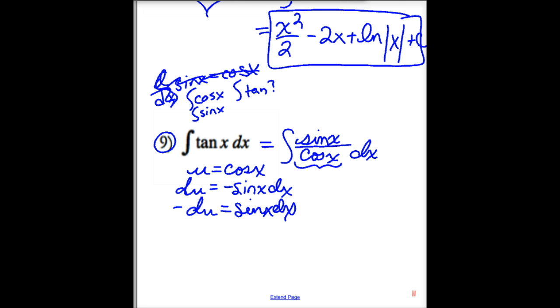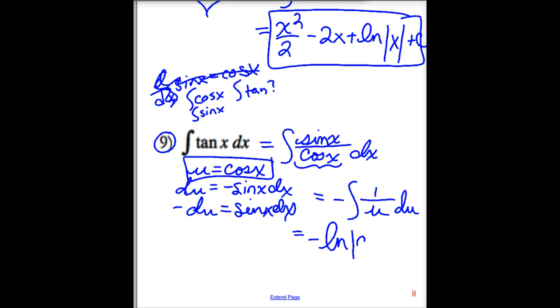So really what I've got going here is the integral of negative u prime, or negative du, over u. Keep in mind that that is now ln absolute value of u plus C. So I now have a way to integrate not only tangent, but I could have done cotangent similarly.